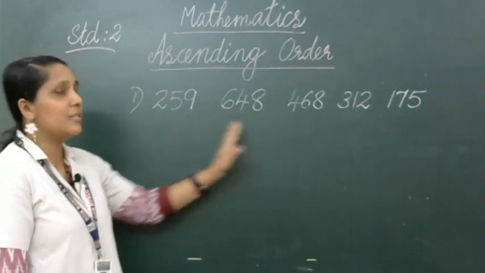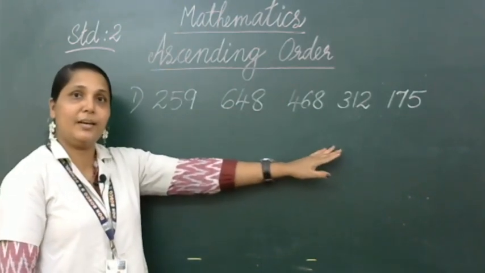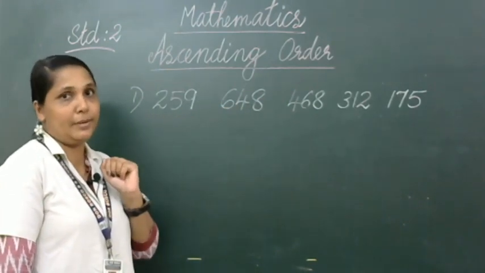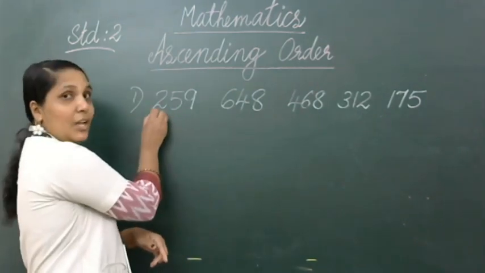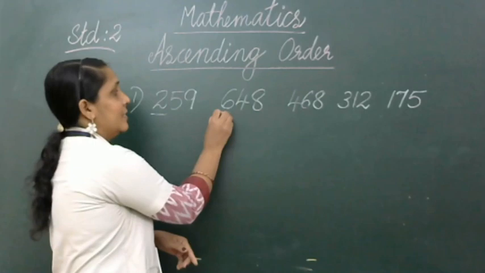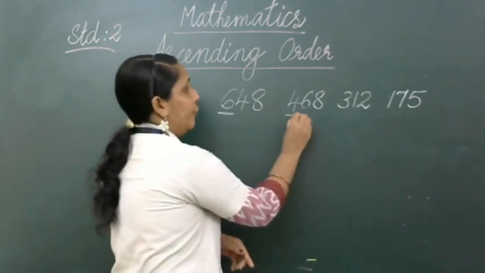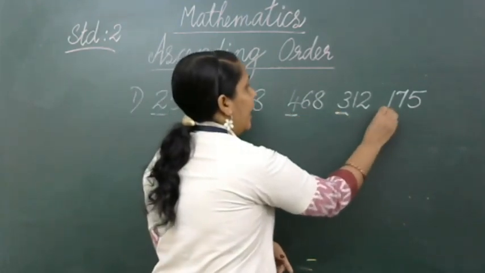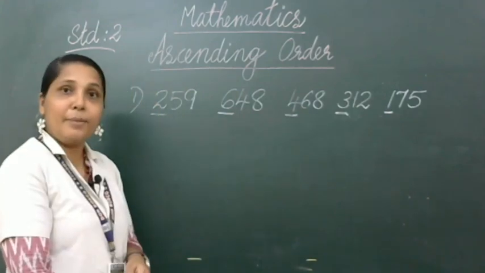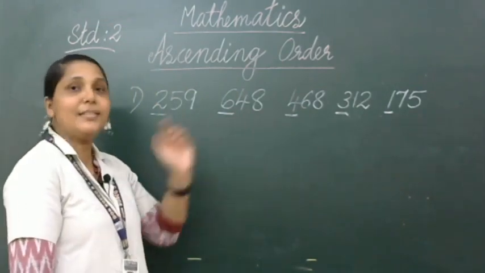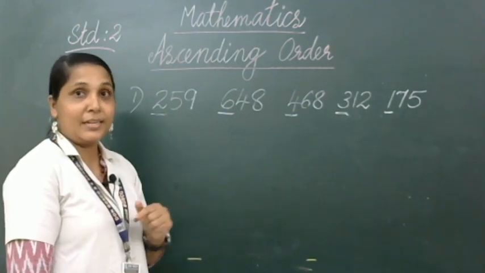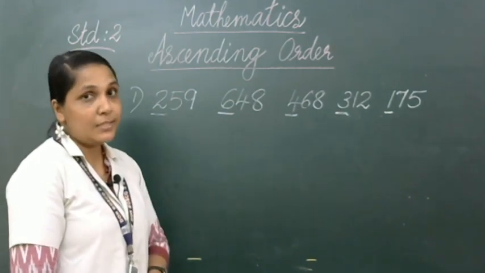We will underline the numbers in the leftmost position. Here it is 2, then 6, after that 4, 3 and 1. By comparing these numbers, we can identify the smallest number.